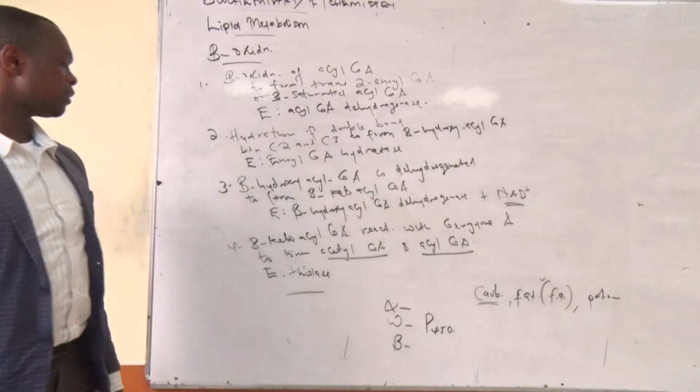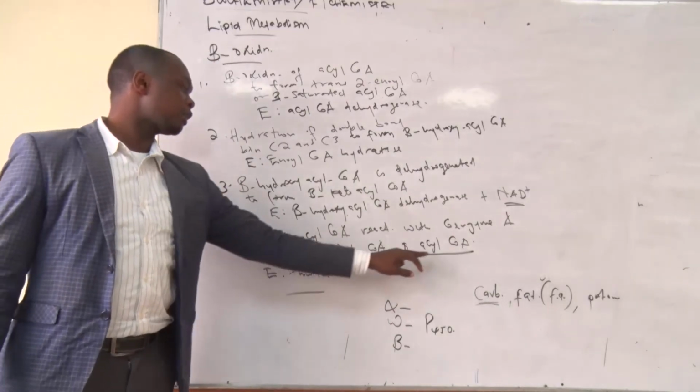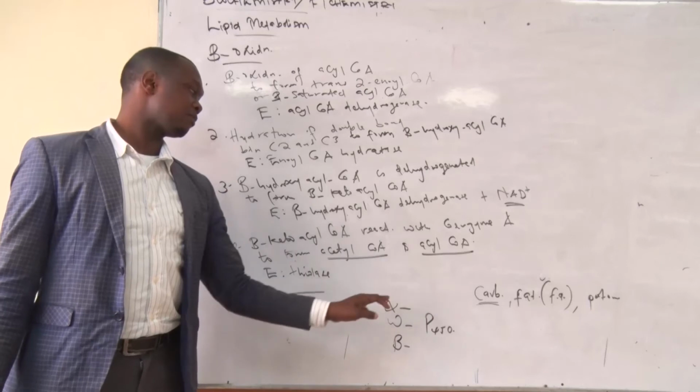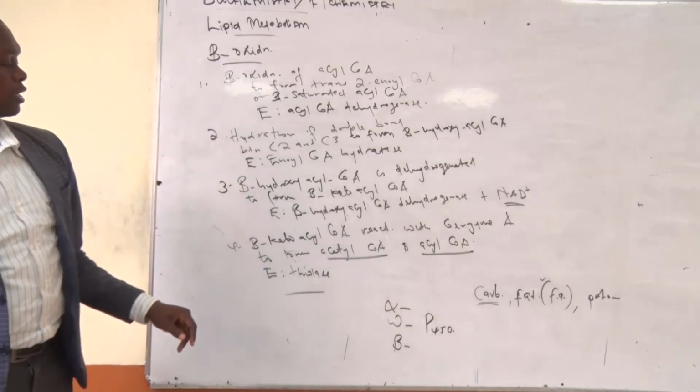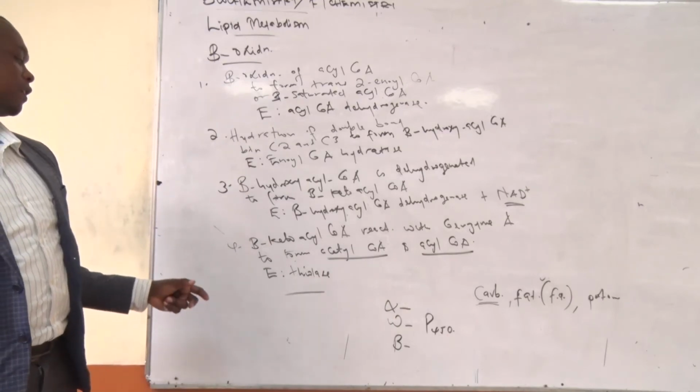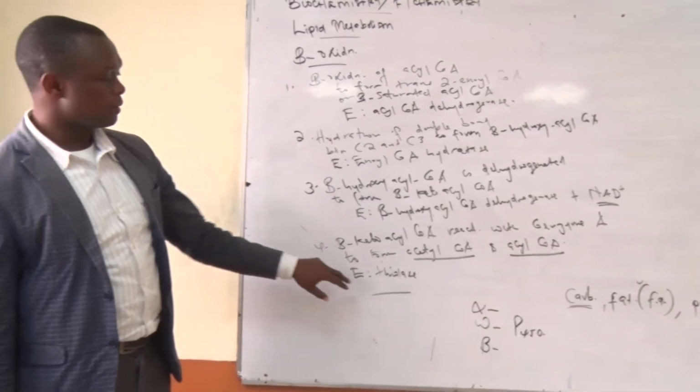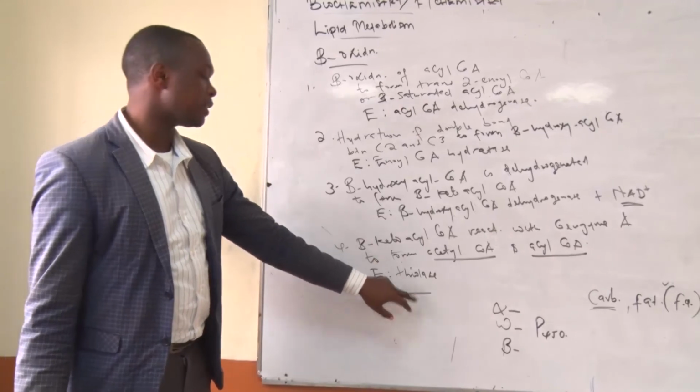These are two-carbon molecules, which are very important in the final formation of energy. The main enzyme involved in the reaction is called thiolase.